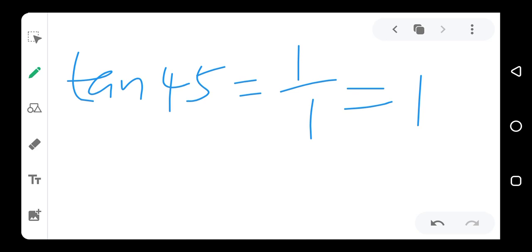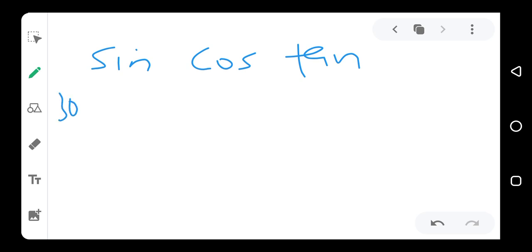Okay, let us create a table for this. We have now discussed sine, cos, and tan, for 30, 60 and 45.